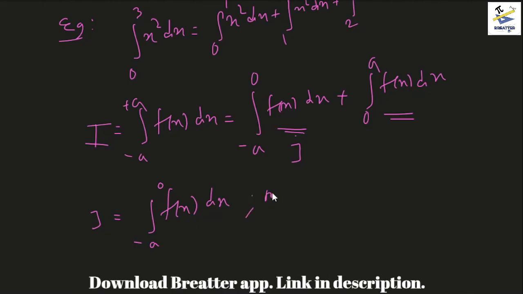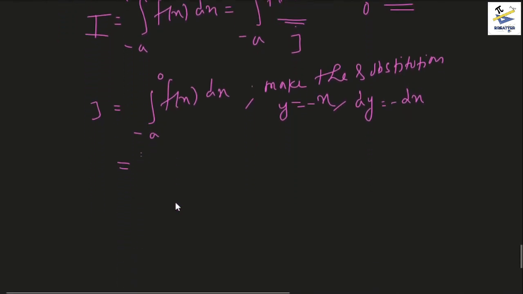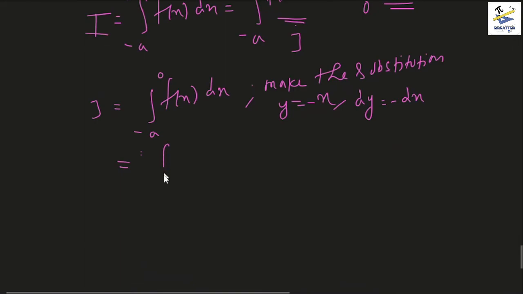Make the substitution y equals minus x, where dy would be equal to minus dx. I'm going to figure out the limits later. Firstly, it would mean that this is equal to f of minus y, and dx would be minus dy.